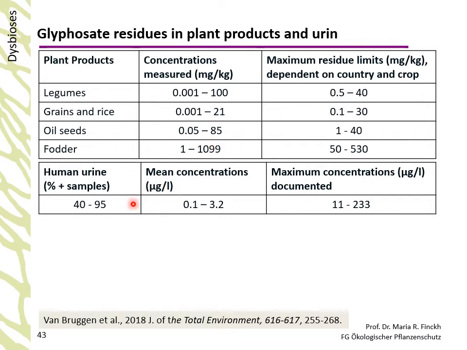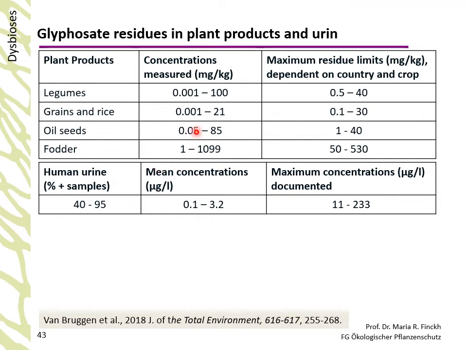This means 1 gram per kilo, 1099. And accordingly, in human urine samples, 40 to 95% of the samples that are tested, depending on country, have glyphosate residues, with concentrations up to 3.2 micrograms per liter. So this is an order of magnitude less, of course, than what we find here.